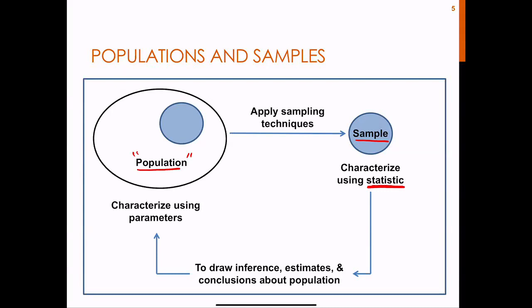By using those numbers, we draw inferences, estimates, and conclusions about the population, in order to explain our population's characteristics. So this is the relationship between population and samples.